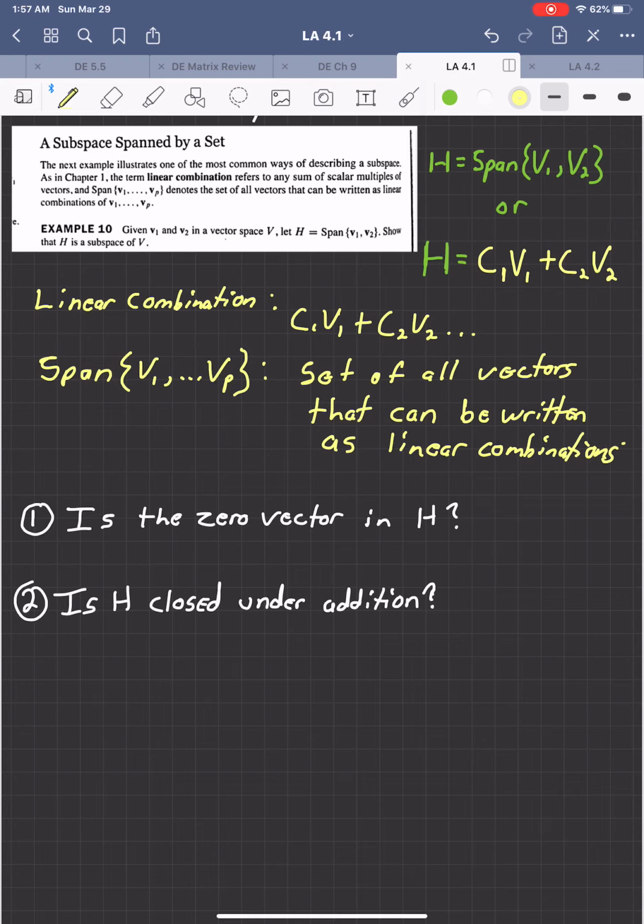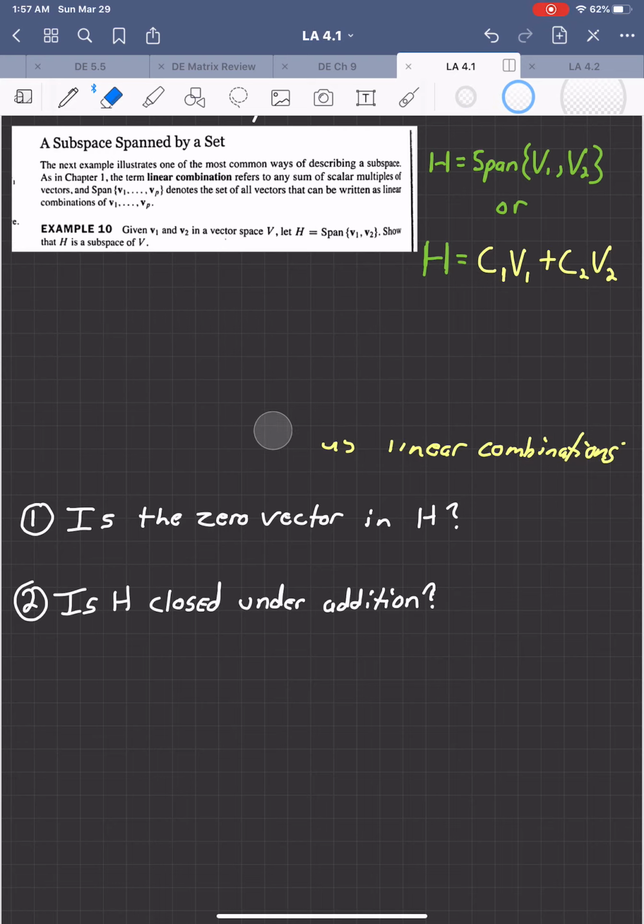Sometimes it's referred to as, I'm not used to that, I'm used to the term generated, subspace generated. All right, so now let me start with example 10. I do have to give myself a little bit of space by erasing those definitions. You can always rewind if you need to.